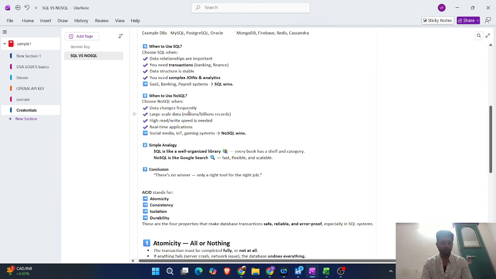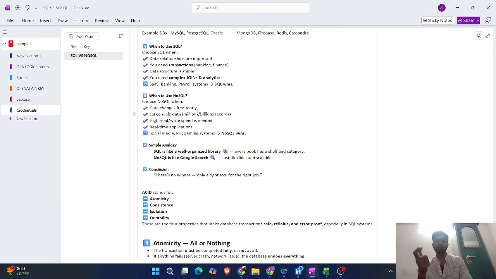And when do you use NoSQL? When data changes frequently. Let's say you have some data fixed, and then a new column has to be added, right? Also large scale data, millions and billions of records, like Instagram. You don't know, for one reel you might get 10 comments, and the next reel it can go to 1,000 comments, 1 lakh comments, 1 lakh likes.